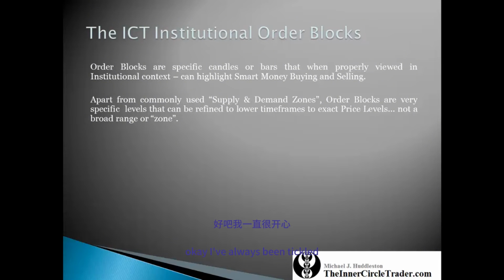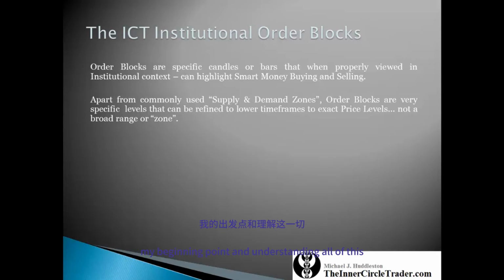I've always been tickled to see these so-called supply and demand zone traders put their boundaries on the beginning level and the outer level of where they anticipate the selling to happen, but none of them really come down to the entry point of where you're getting in. It's still a gray area, and the fog's still there.